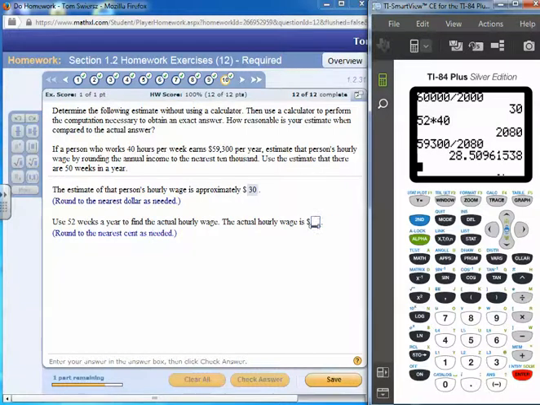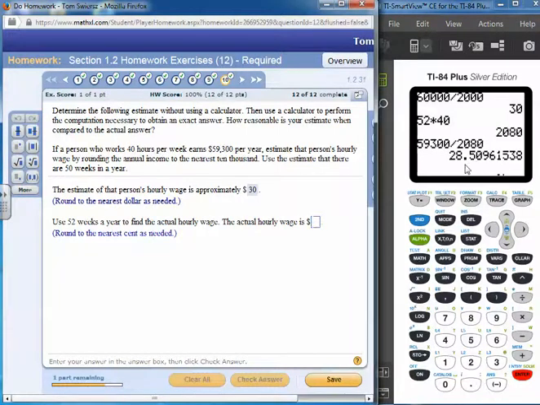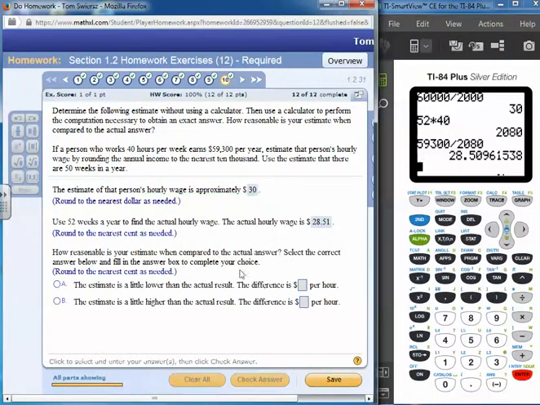Rounded to the nearest cent, so round your answer to 2 decimals, 28.51. Okay, and the estimate is a little bit higher.